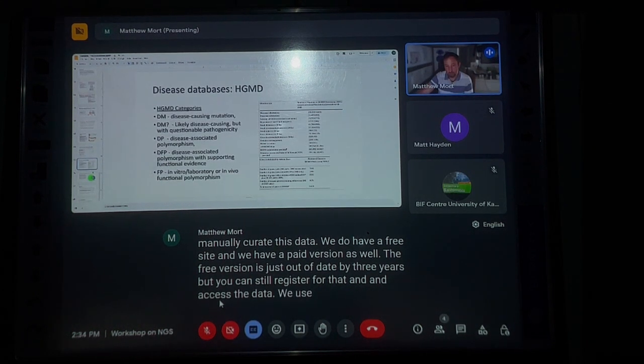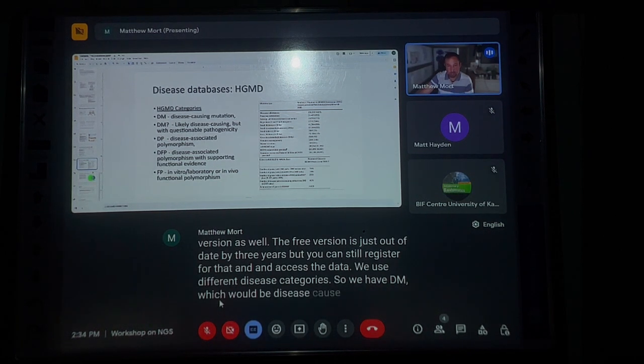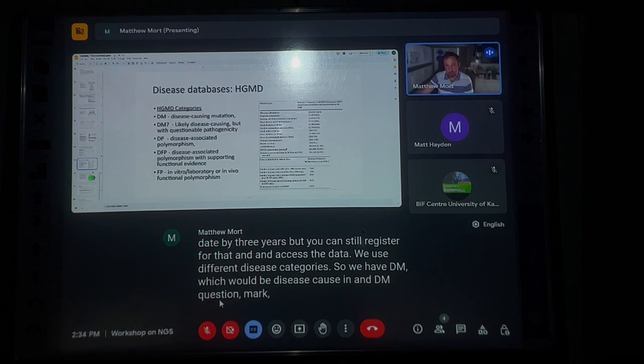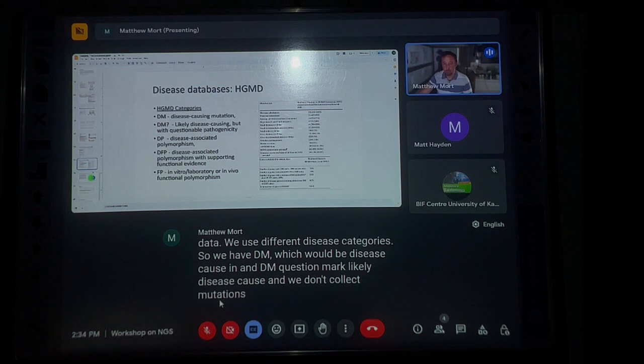We use different disease categories, so we have DM, which would be disease causing, and DM question mark, likely disease causing. We don't collect mutations that are benign or likely benign.